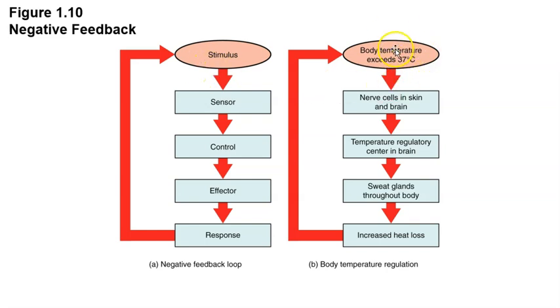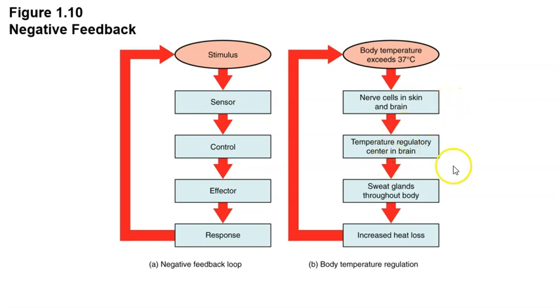So once again, with our example of body temperature here, we see that when body temperature exceeds 98.6 degrees Fahrenheit, 37 degrees Celsius, there are nerve cells that are activated in both the skin and the brain, which tells our brain that body temperature is rising beyond what it physiologically should be.